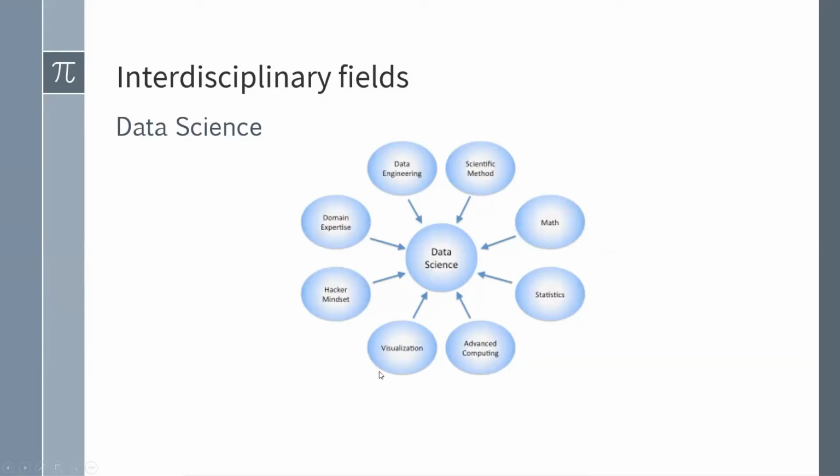Then advanced computing and data visualization, which plays an important role in data science now, and the hacker mindset, that is your programming. It is the programming thing and the domain expertise.